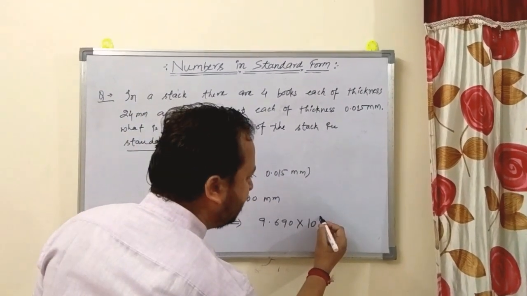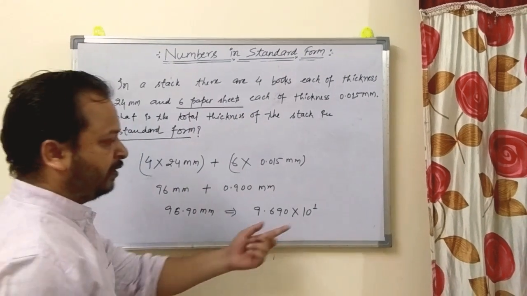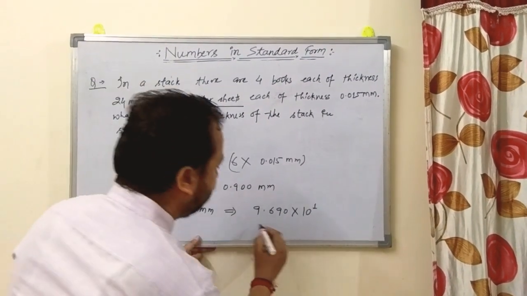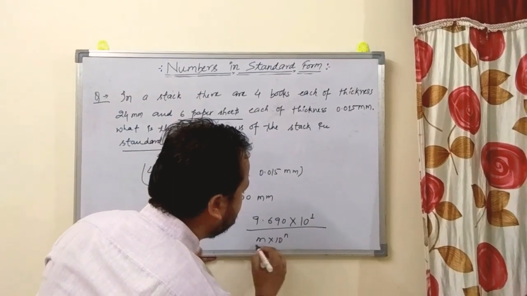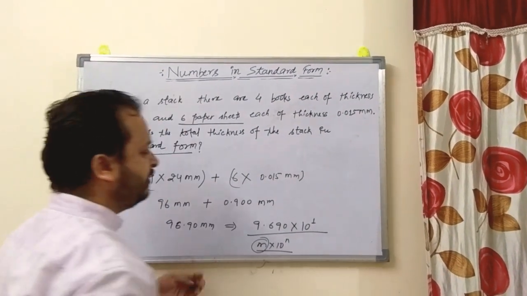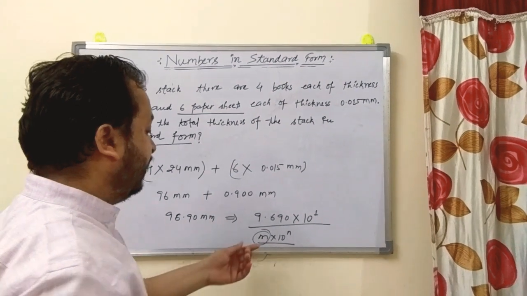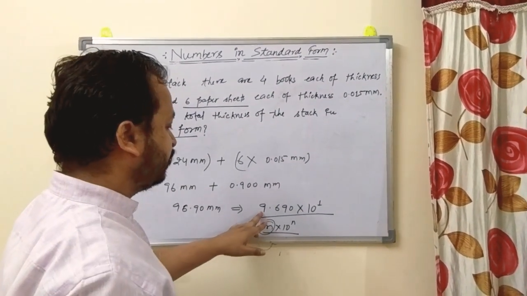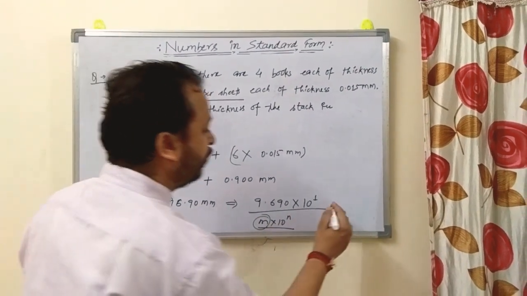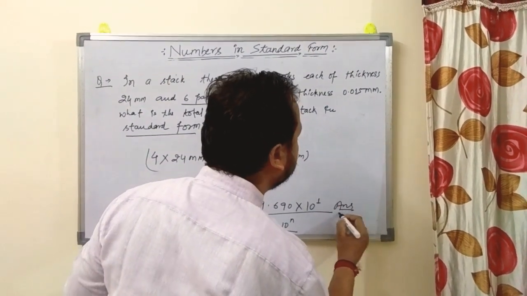Or you can also write it as 10 to power 1, right? Because you know the standard form is m into 10 to power n, and m is neither greater than 10 or m is less than 1, right? So this is the standard form, and this is your answer.